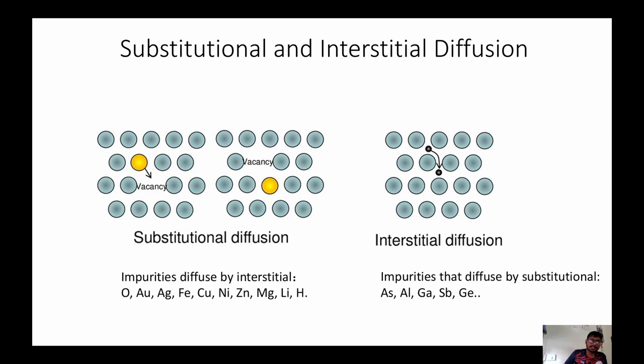Now, there is substitutional and interstitial diffusion that we have already seen. So here is the vacancy, here is the vacancy, here is the vacancy. These are the vacancies, and this is the impurity atom. This impurity atom will move to this location, and after that a vacancy is created over there.